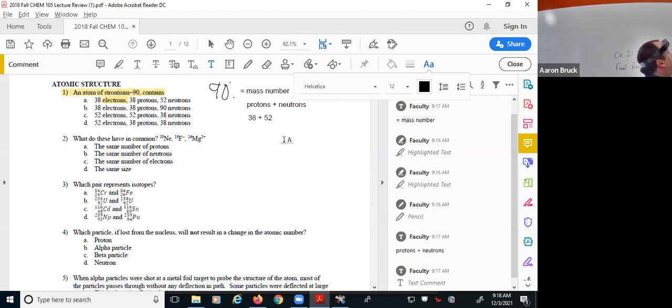Now, each of the answers here have in them some kind of logic if you look at it the wrong way. So if you think of 90 as the mass number, but the mass number is just the number of neutrons, then you look at answer B and go, yeah, that kind of makes sense.